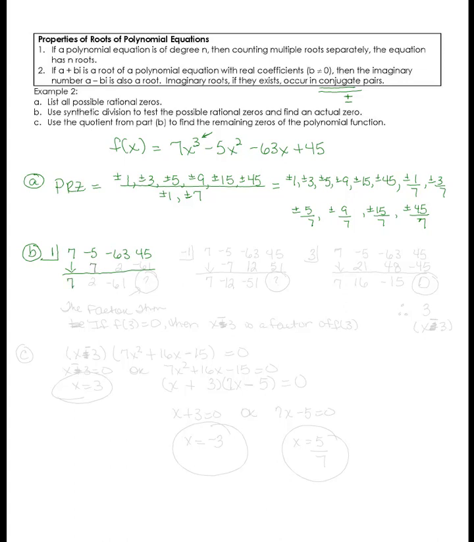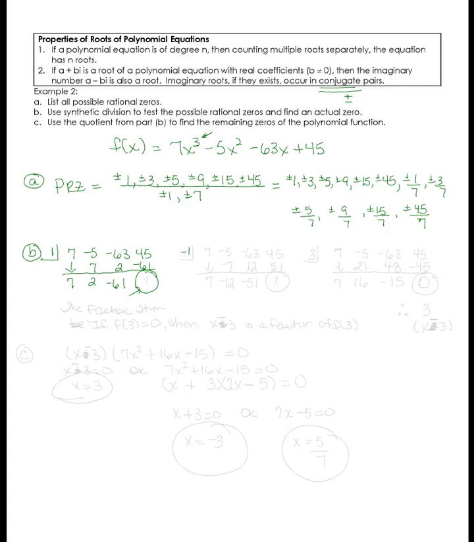Add -5, we have 2. 2 times 1 is 2. Add -63, we have -61. -61 times 1 is -61, and when we add that to 45, we get -16, which is not a 0 remainder. So 1 is not going to be the actual zero.